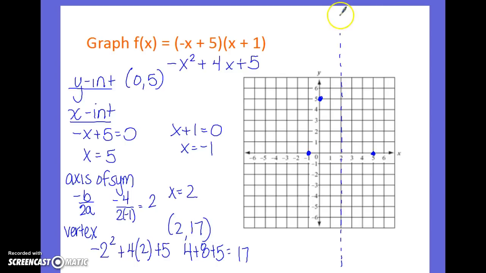And I can't get 17 on here. It's somewhere up here. You get the idea. And then your parabola is a downward, showing negative, something along those lines.